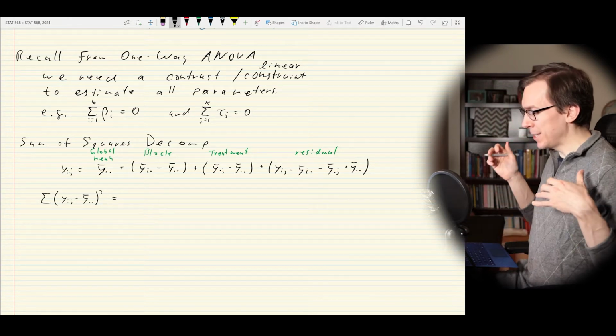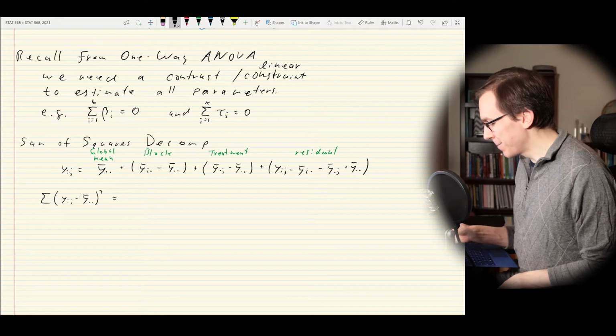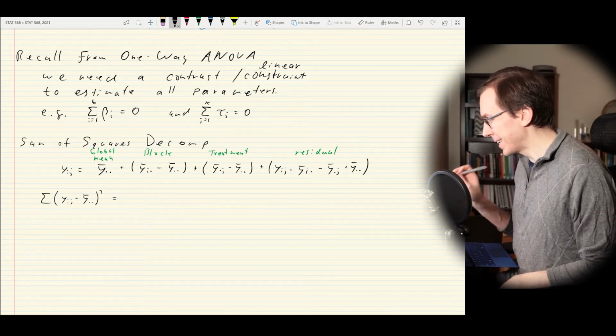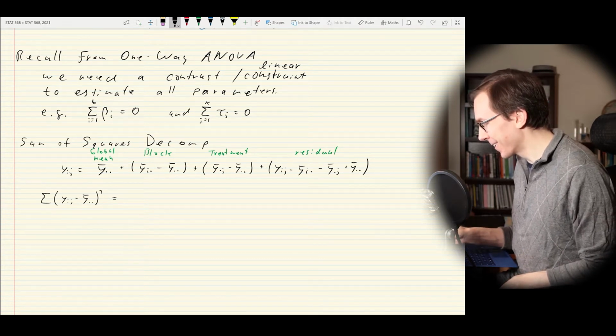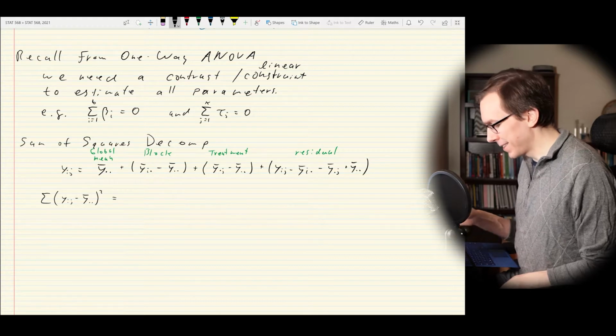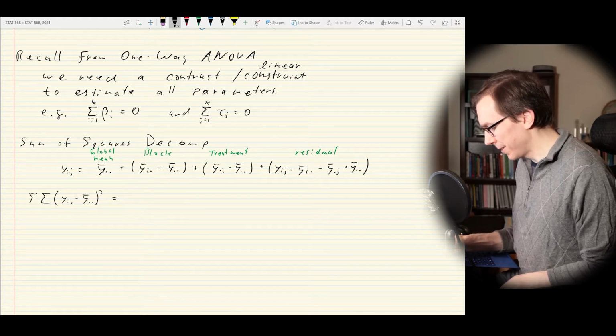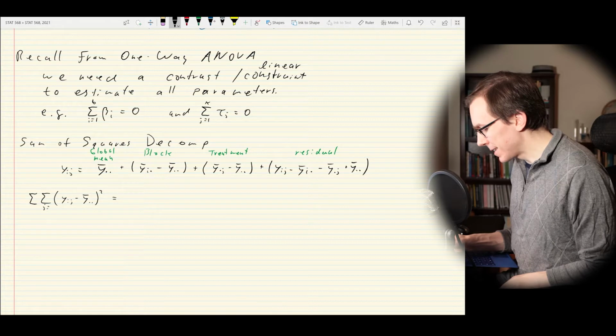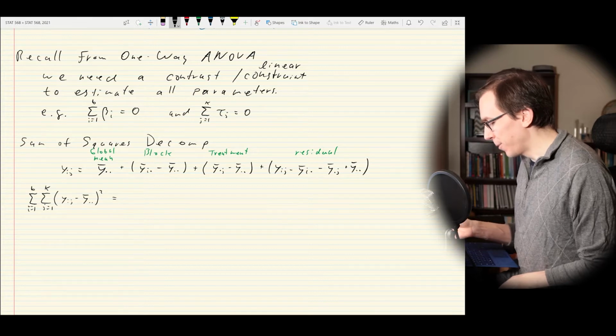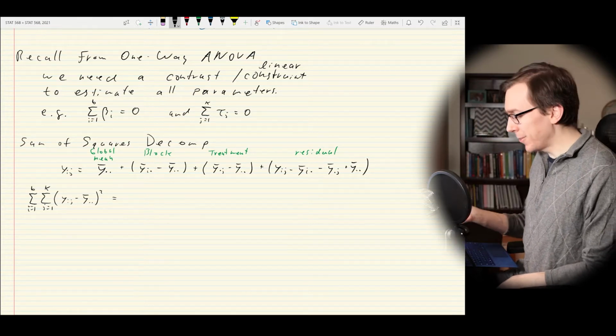Okay, so now that we have these pieces, again, we can sum them and we can square them and we can sum them in that specific order. I should have put a double sum here first, because we want to take j from 1 to k and we want to take i from 1 to b. When we sum the block term, there is no index j.